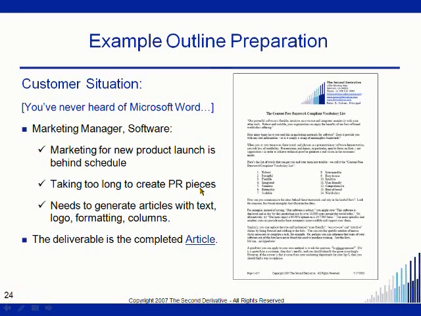And in particular, what you're looking for is to be able to generate articles with the kinds of formatting, layout, and graphics you need to be able to support the launch. Note that in this demo, the deliverable that's being requested is the completed article. It's not a word processor, but it's the output from that word processor, a completed article.